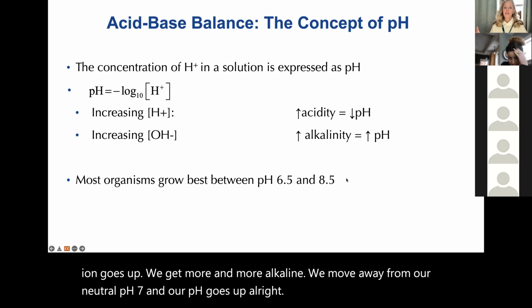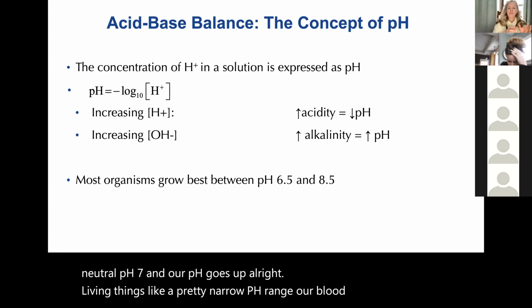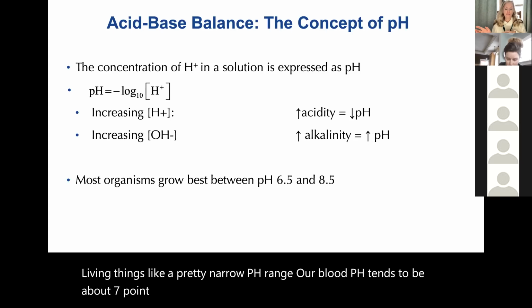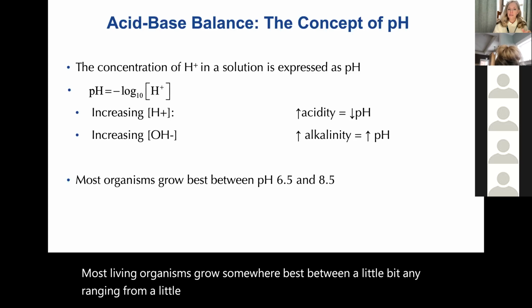Now, living things like a pretty narrow pH range. Our blood pH tends to be about 7.35 to 7.45. Most living organisms grow best somewhere ranging from a little bit acidic, 6.5, to a little bit alkaline, 8.5.